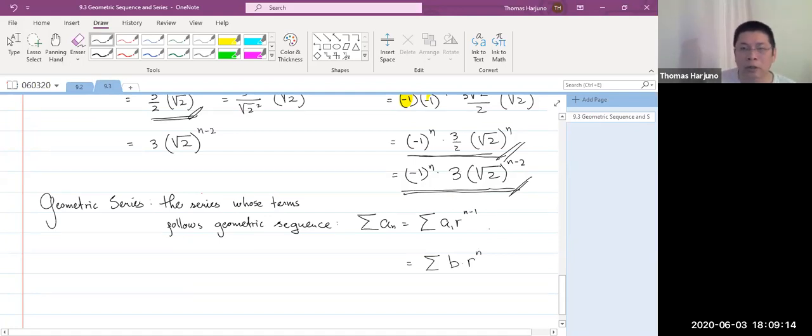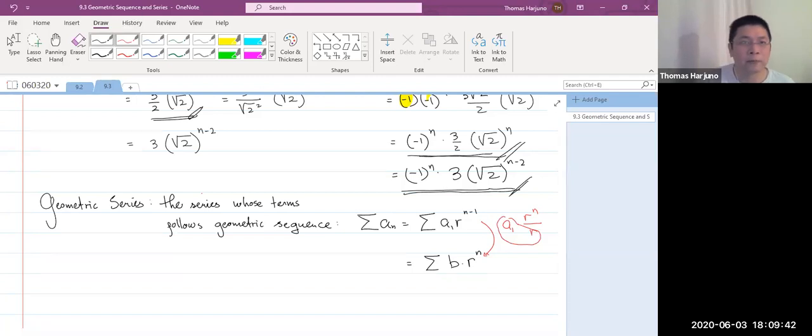Then you see that this is actually similar to a times b to the x. It follows very similar to an exponential function. How to move from here to here: this is a sub 1 times r to the n over r. Now get this together, make it r to the n.